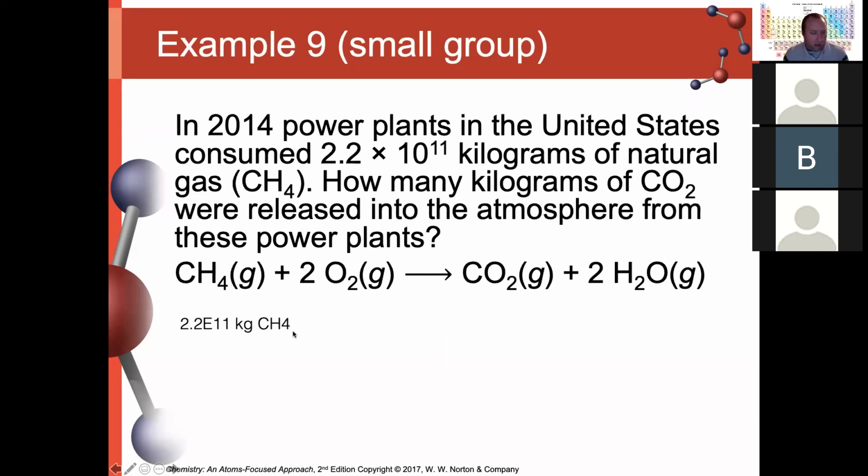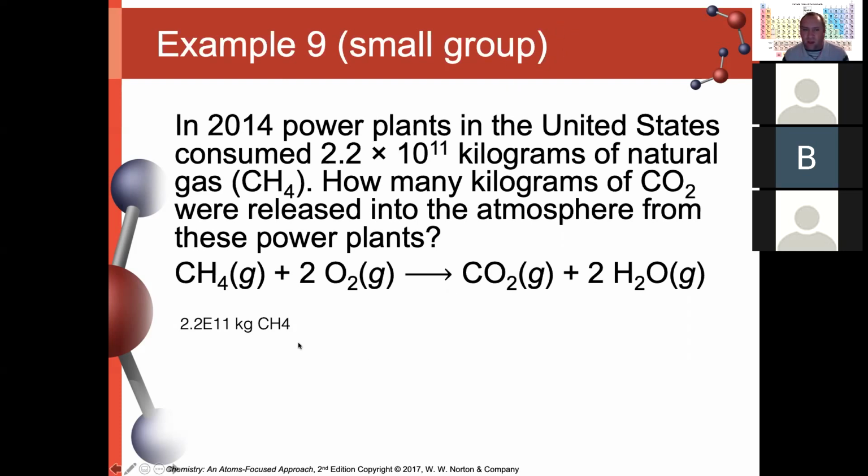Now, we could follow the same process that we did in the previous problem, but there is one little shortcut I'm going to show you right here. Since we're keeping everything in kilo units the whole way through, rather than multiplying by 1,000 and then dividing by 1,000 at the end, if we understand that the relationships all exist in kilo units above and below, we can simplify this problem a little bit.